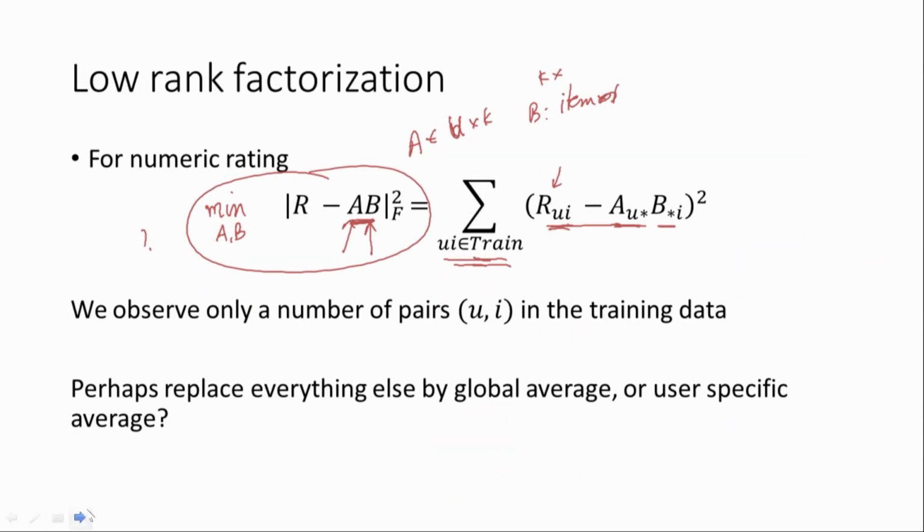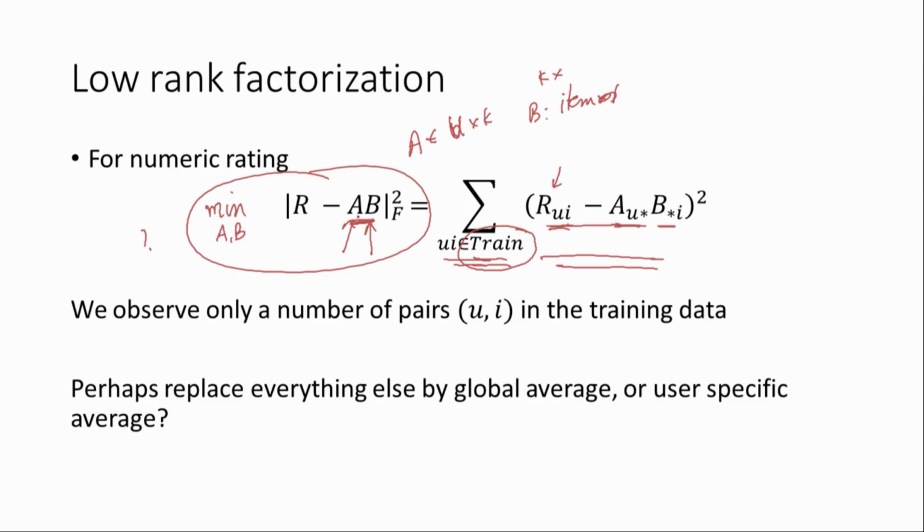And I'm saying, what is the low rank matrix that minimizes this error, which is the Frobenius error? Now SVD immediately comes into the picture. If I did not have these training pairs, if I were summing over all possible UI, then what would the best AB be? It would be exactly the low rank representation of the matrix R, the R_K.